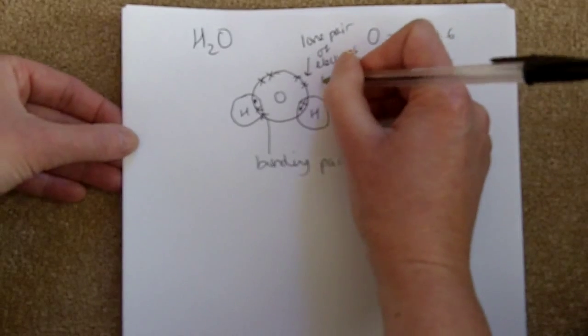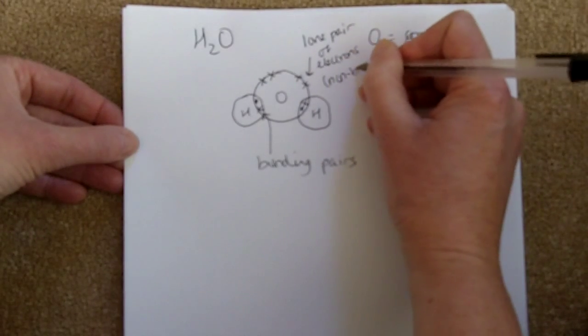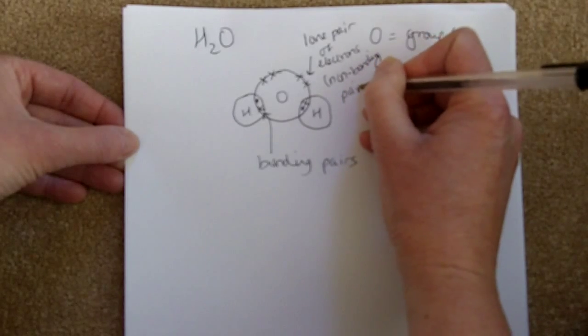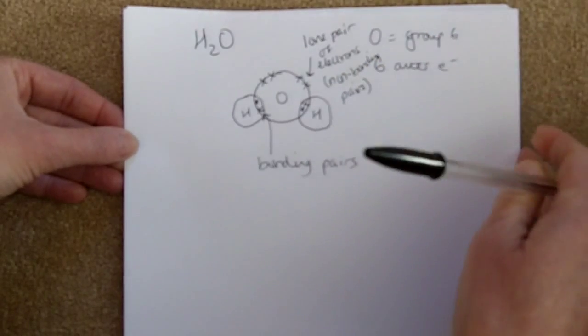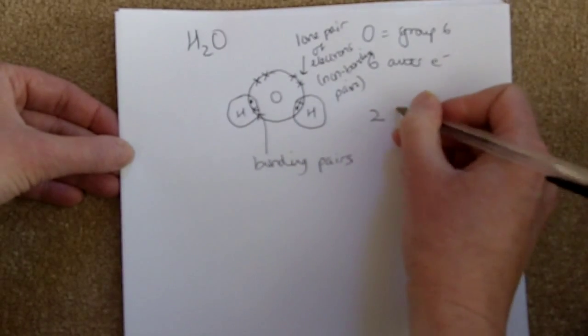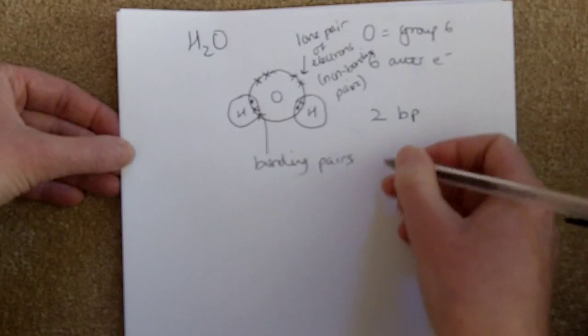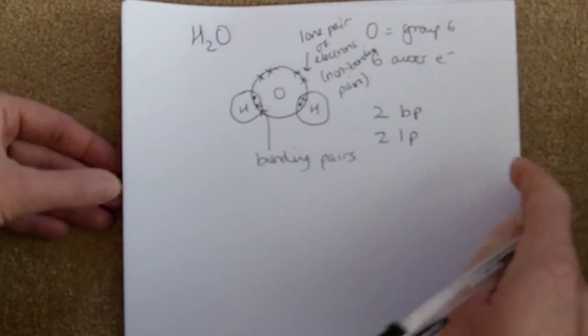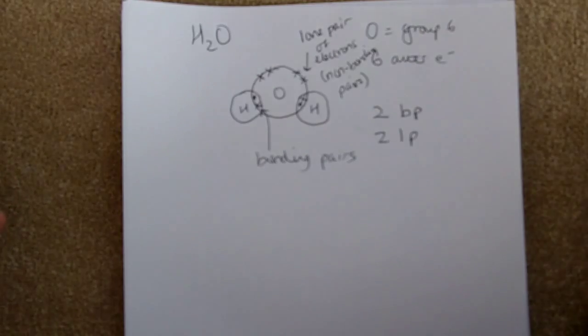You could call them non-bonding pairs as well. So water has got 2 bond pairs, BP for bond pairs, and water has got 2 lone pairs, LP. And that's the dot and cross diagram for water.